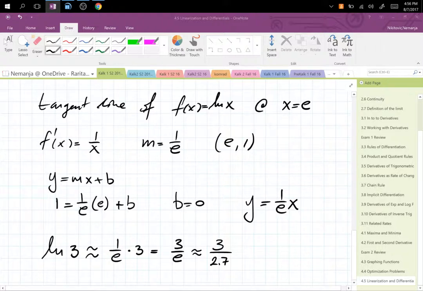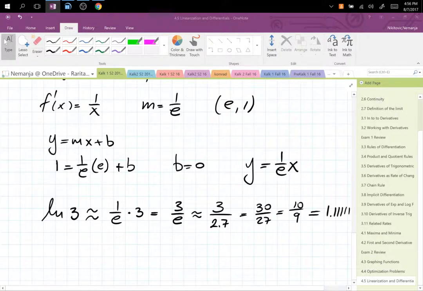Now you can multiply top and bottom by 10 to get 30 over 27. Cancel it by 3. Get 10 over 9, which gives you 1.11111 forever. So we are approximating ln 3 as 1.11111 forever.